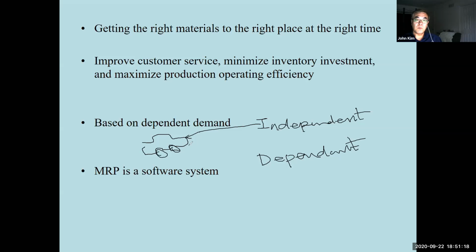A tire or part has dependent demand. So based on the final product, automatically we know the number of parts. So the MRP system is based on dependent demand: parts, components, materials, and so on. And the MRP system is computer software.